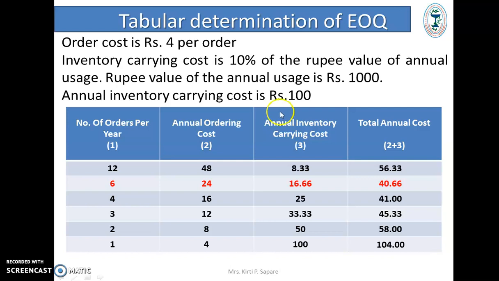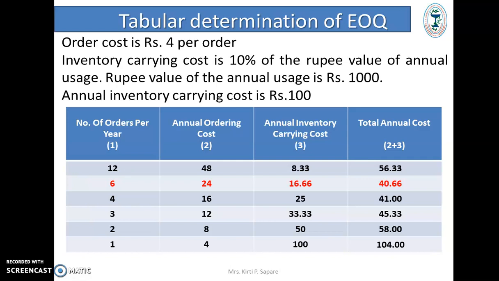After this, we have made one table. It contains number of orders per year, annual ordering cost, annual inventory carrying cost and total annual cost. Let's discuss the first column, number of orders per year. If you order the material monthly, number of orders per year is 12.